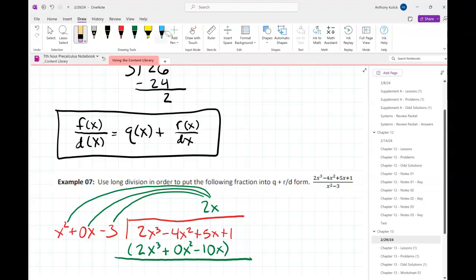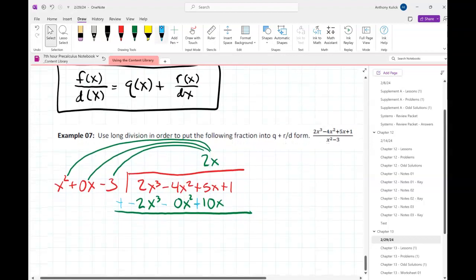So I'm not actually going to keep it there. I'm going to make this a plus problem and distribute that negative through. Is everybody okay with what I did there?